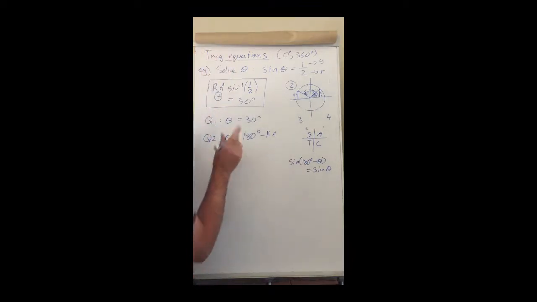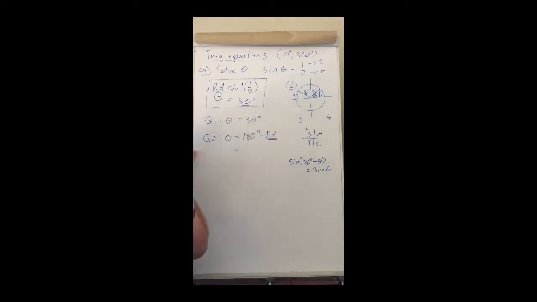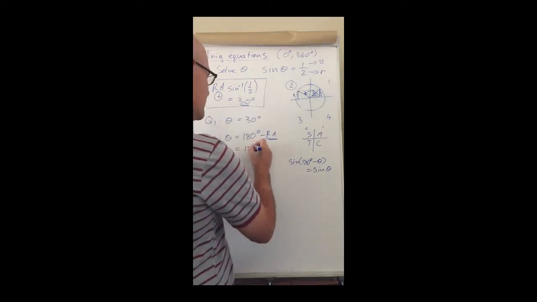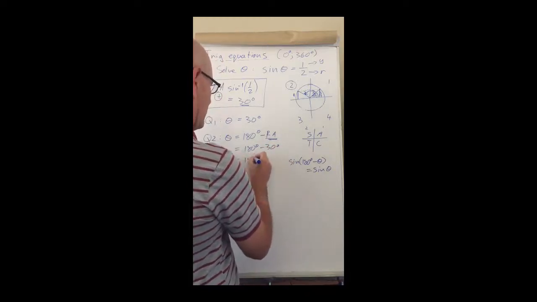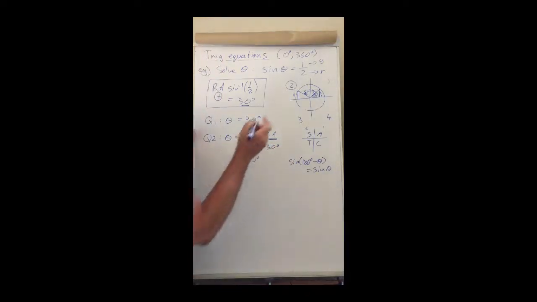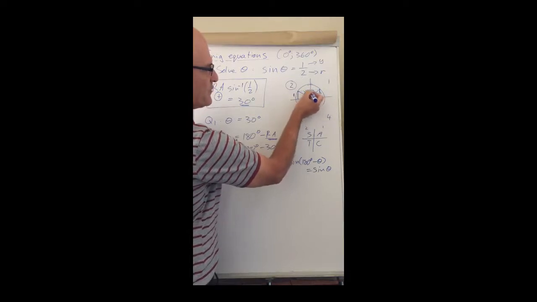So all I need to do is, my reference angle over there, I've determined it as 30 degrees, so it will be 180 minus 30 degrees, and that gives me an answer of 150. So this theta over here is 30 degrees, and this angle over here is 150.